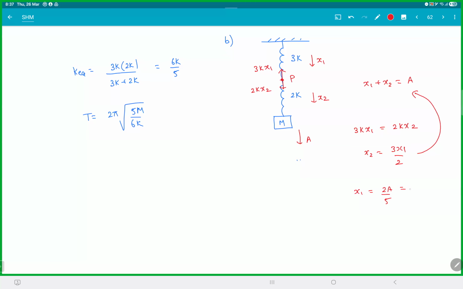And this is the amplitude of point P, because whatever the 3K stretches, isn't that the displacement of point P? If the upper spring stretches by 1 centimeter, then the point P will move 1 centimeter.